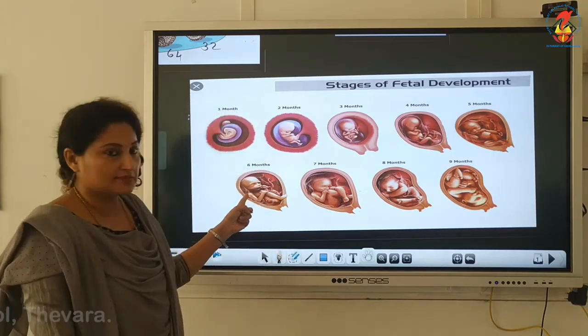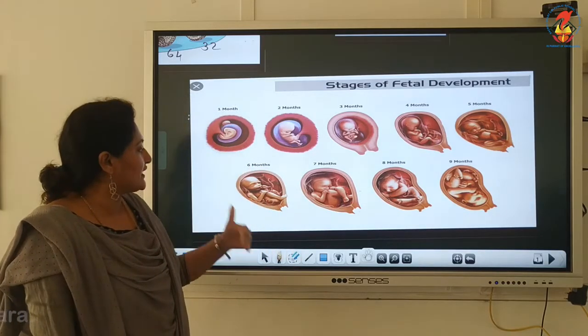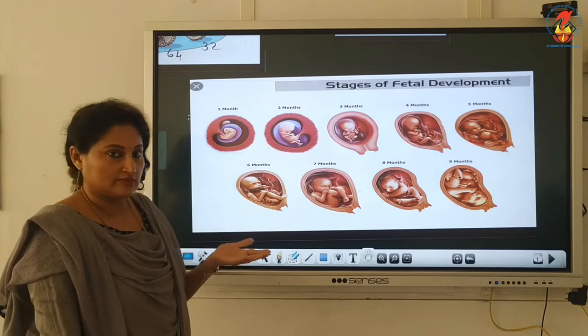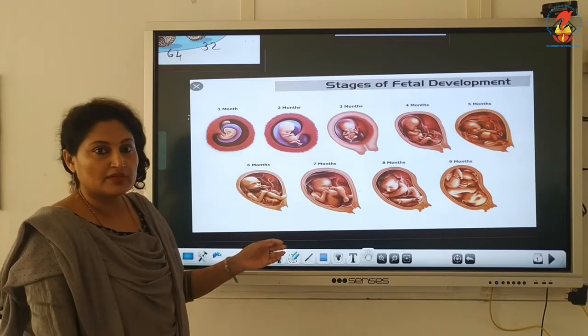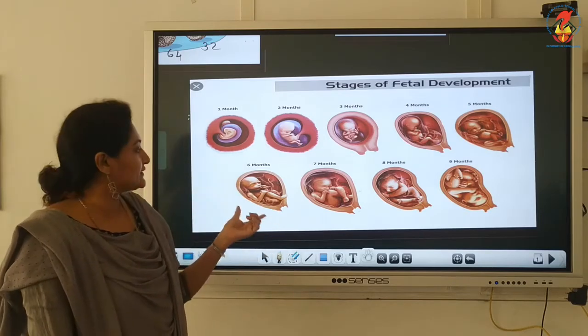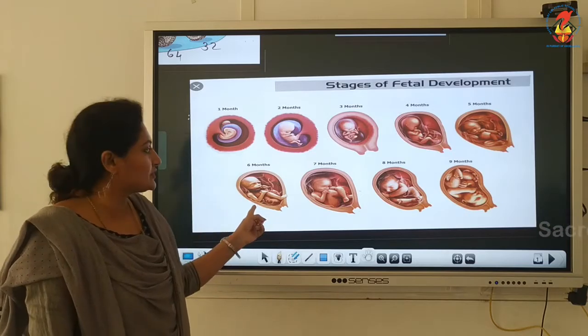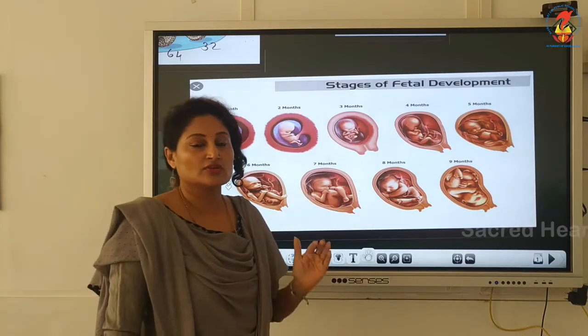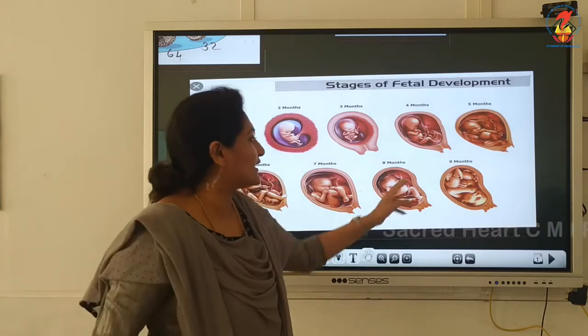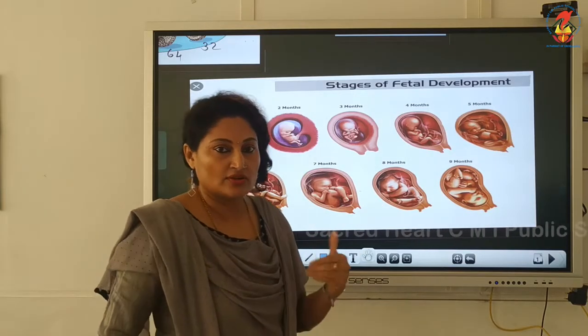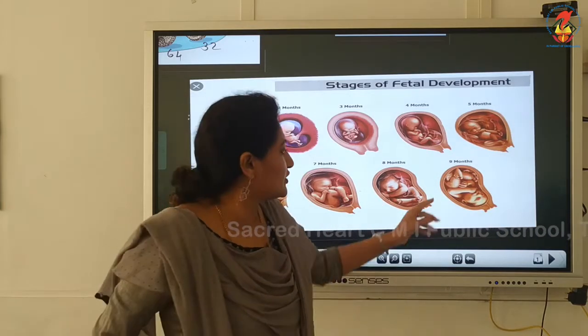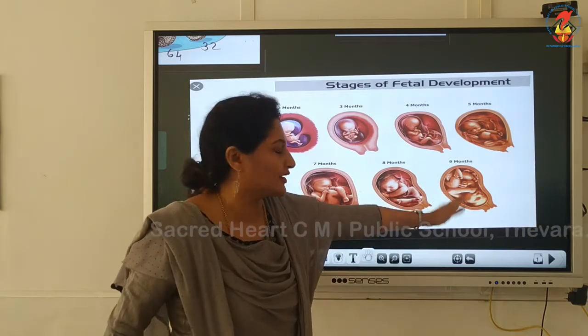Then in the 6th month, sparse body hairs develop, the eyelids separate and eyelashes are developed. 7th and 8th month, further growth and development, and in the 9th month the baby or the fetus changes position. It moves towards the cervix with the head down.